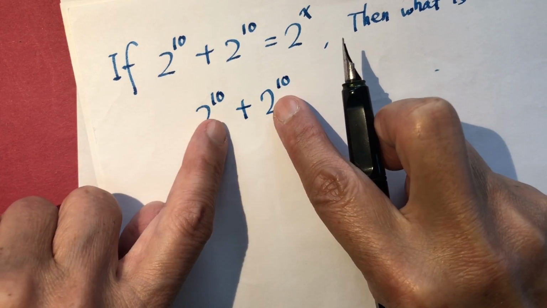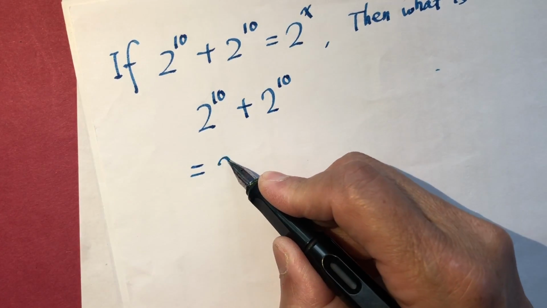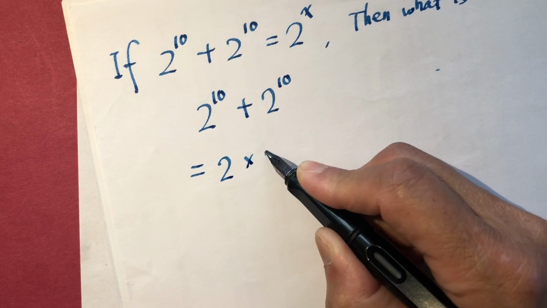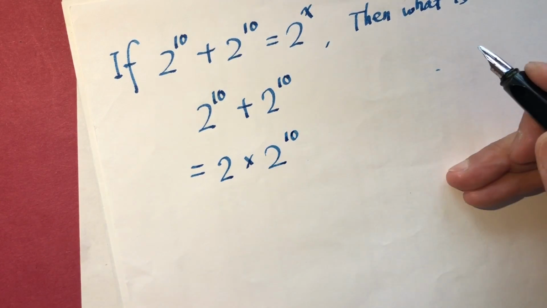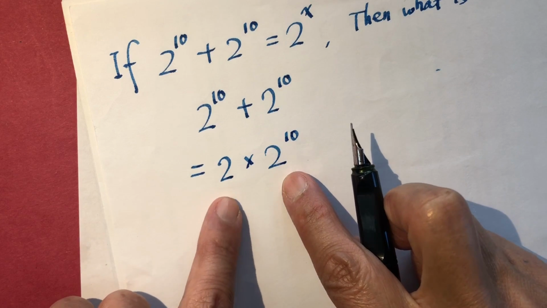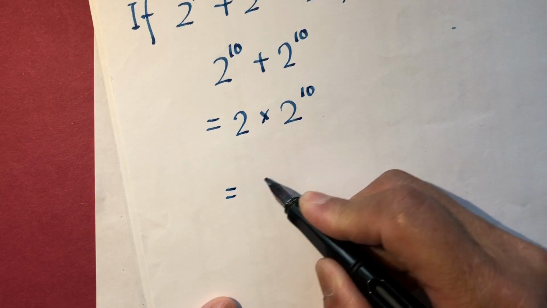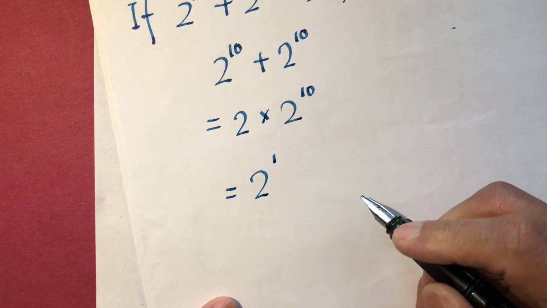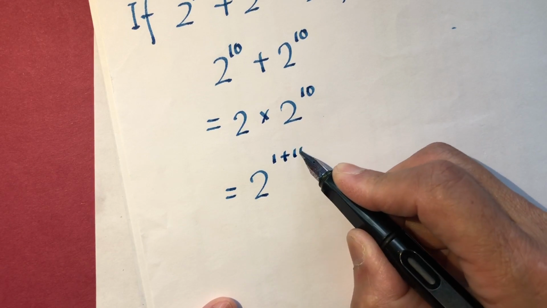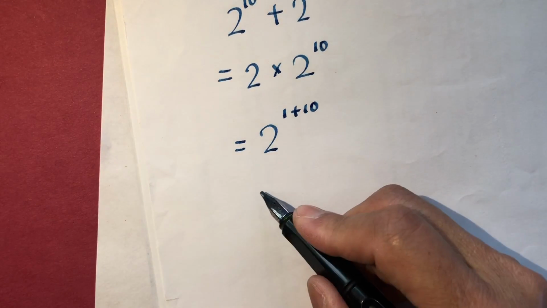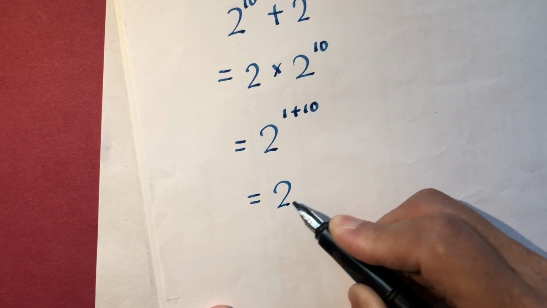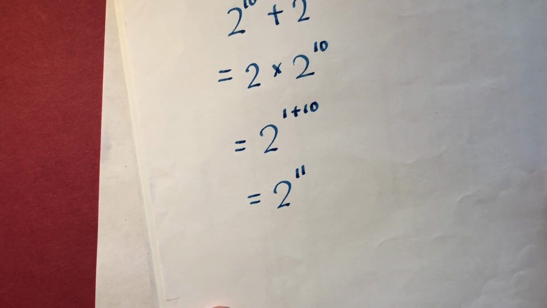It's 2 times the same thing, right? Equals 2 times 2 to the power of 10. And when we see this, they have the same base, which is 2. So it equals 2 to the power of 10 plus 1, so equal to 2 to the power of 11.